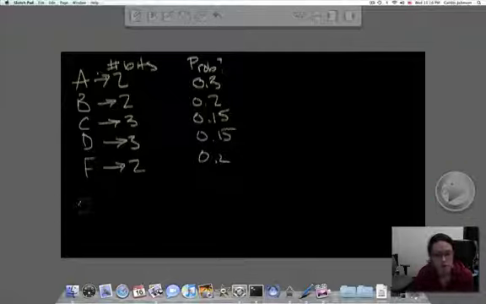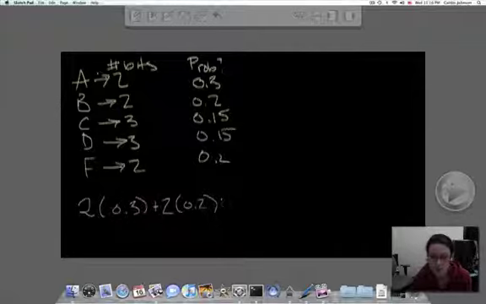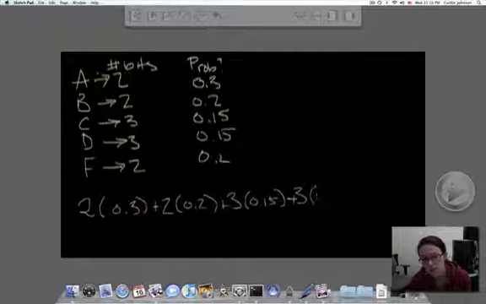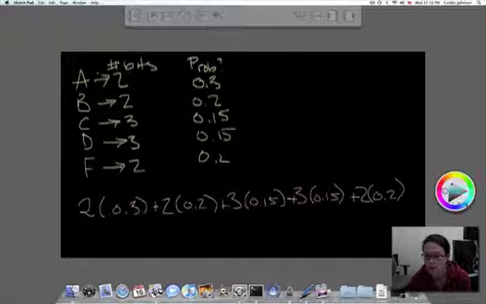We have 2 bits times 0.3, this is for A, plus 2 bits times 0.2 for B, plus 3 bits times 0.15 for C, plus 3 bits times 0.15 for D, plus 2 bits times 0.2 for F.